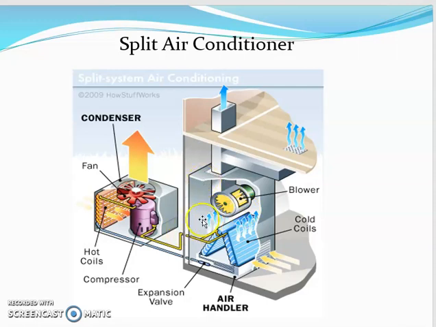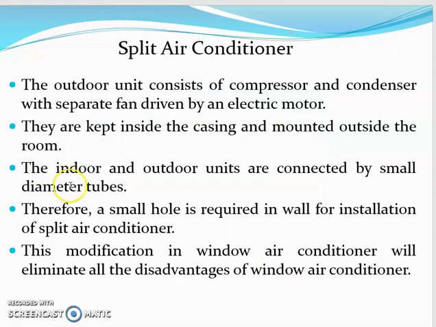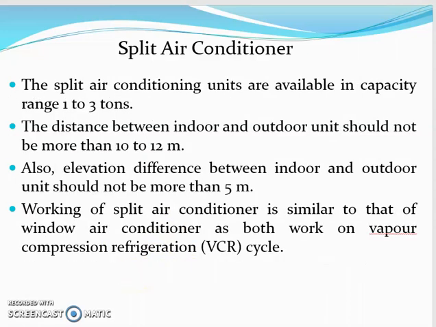That is not the case with split AC, so this gives better flexibility. Therefore, only a small hole is required in the wall for installation of a split AC. This modification of the window air conditioner eliminates all its disadvantages.